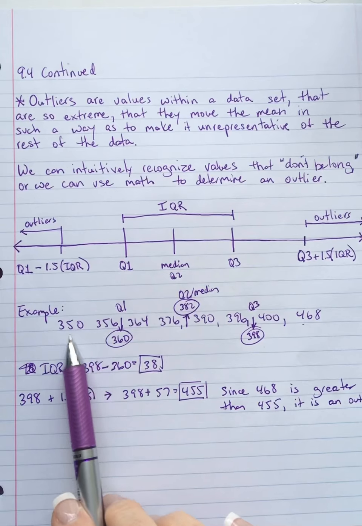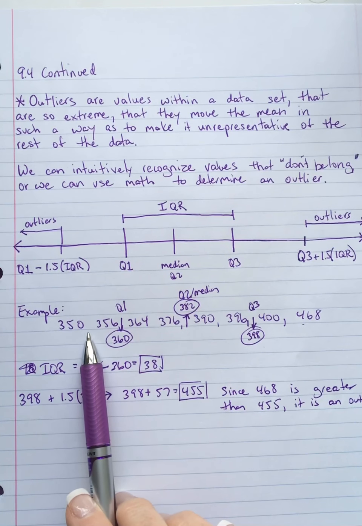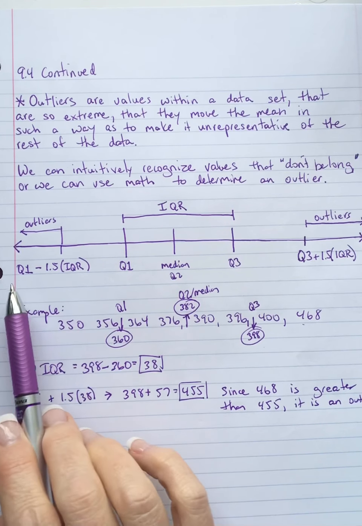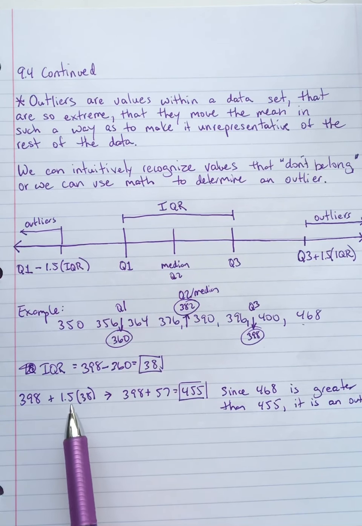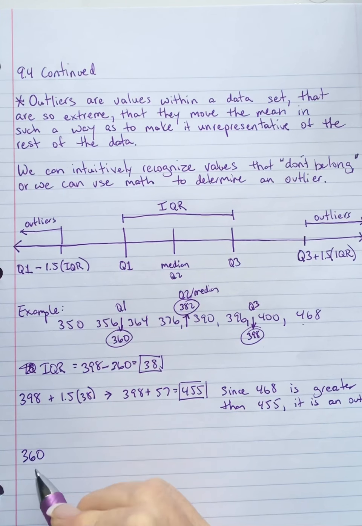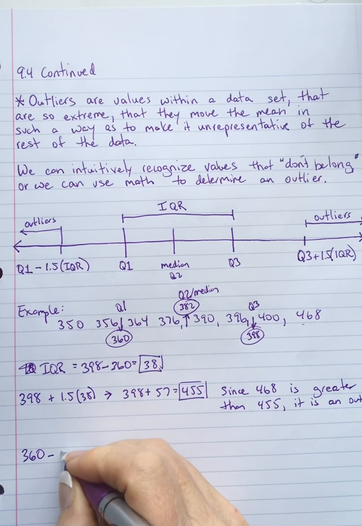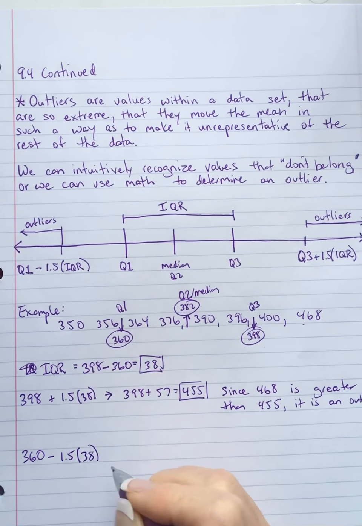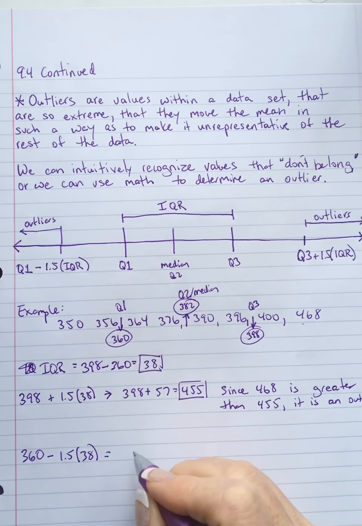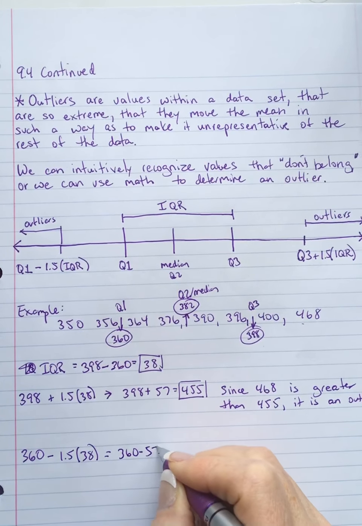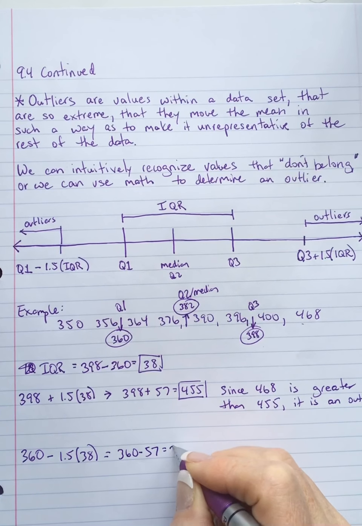Now, I think intuitively we probably see that 350 is not an outlier. It seems awfully close to 356, but let's just check it. To check if this is an outlier, we would take Q1, which is 360, minus 1.5 times 38, the IQR, and that equals 360 minus 57, which is 303.